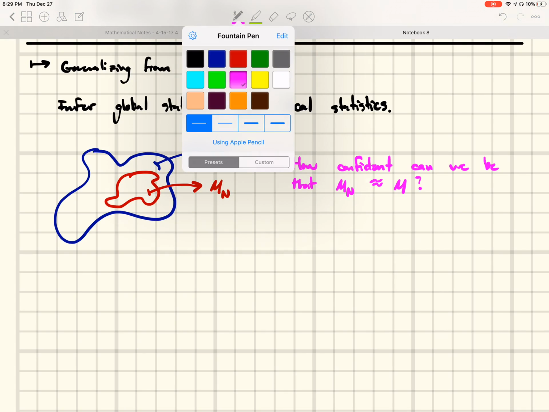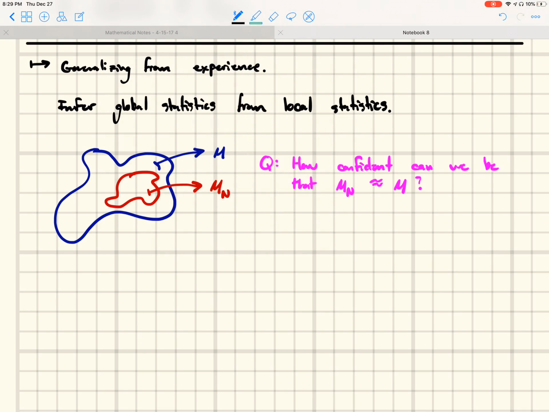Now, in this problem, where we're comparing the sample mean versus the population mean, we have this formula. And this formula is going to help us determine or answer our question. I'll just write it out. This formula is called the upper confidence limit.